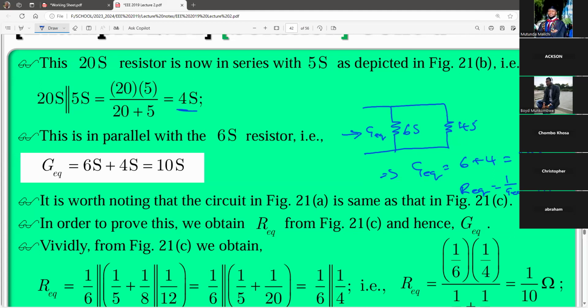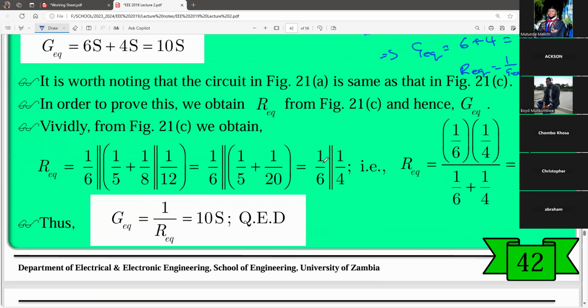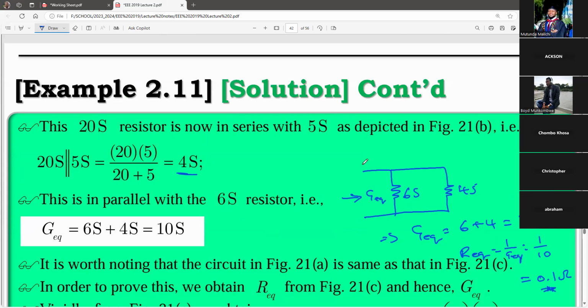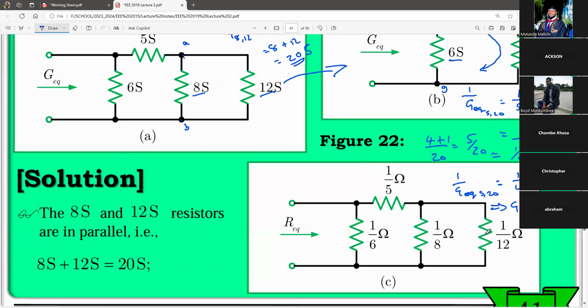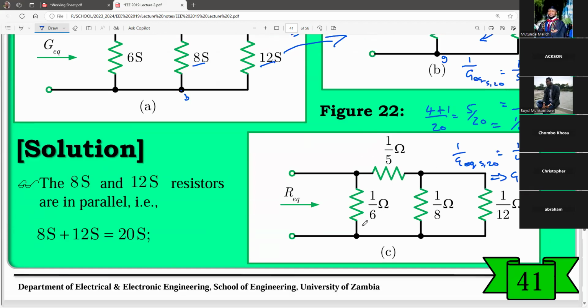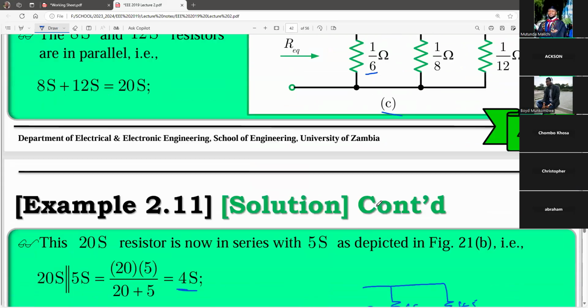Okay, so that's how you can do it if the values are given to you in terms of conductance. Otherwise, if you don't want to deal with these conductances, you can convert the values into resistances as shown in this figure 22C, and then determine the equivalent resistance, then come and determine the equivalent conductance using the resistance method.